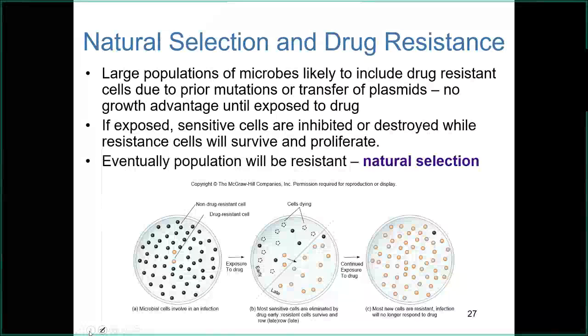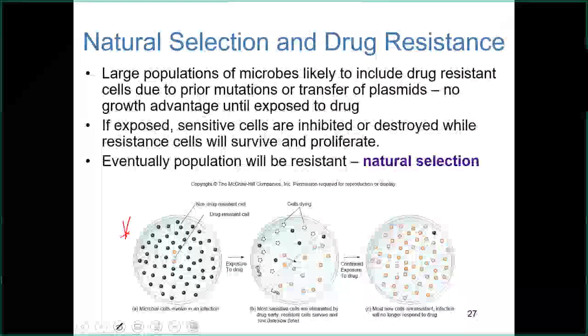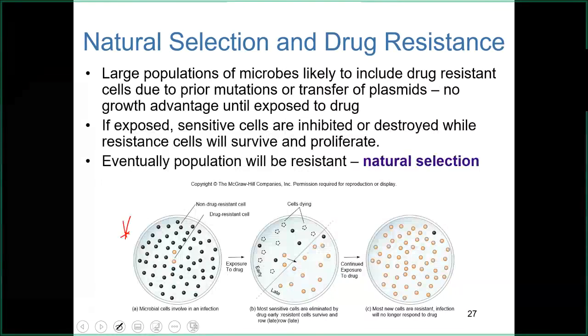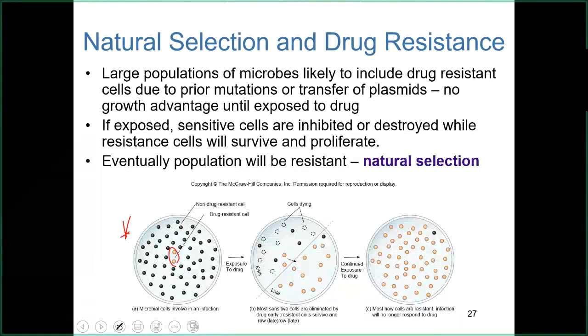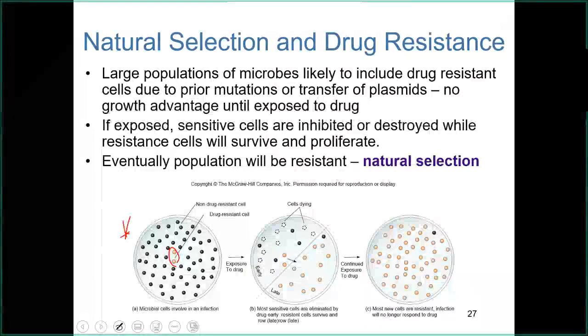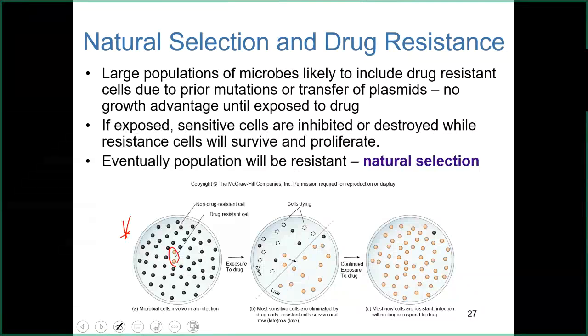So here's a plate down here containing microbes that are plated out there. And just by random, you can expect through spontaneous mutation, even before a drug has ever been presented to a population, there's probably going to be a few cells in there out of the many hundreds of billions, if not trillions of cells, that are resistant to the drug.